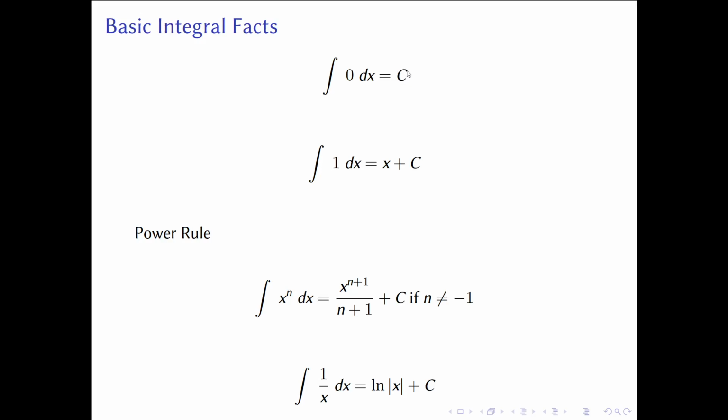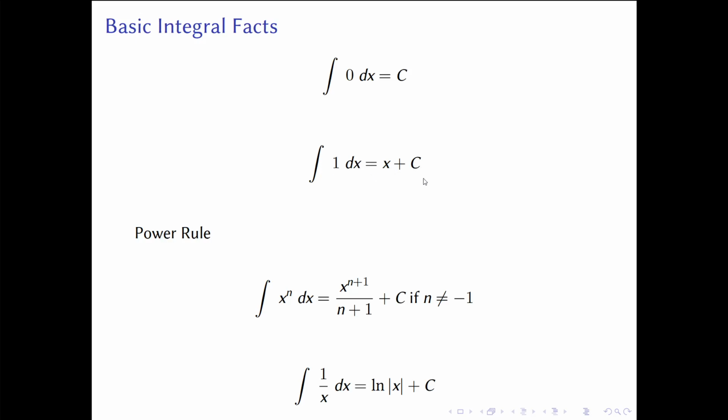The derivative of any constant would be 0. So if I had the antiderivative of 0, it will just be any constant. The indefinite integral of 1 would be x plus some constant c, right? The derivative of any expression that looks like this, x plus a constant, will be 1.